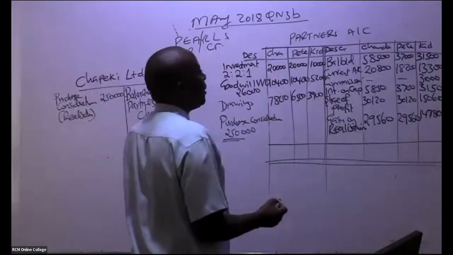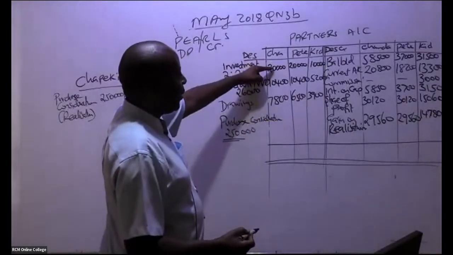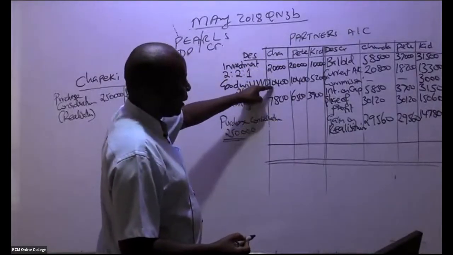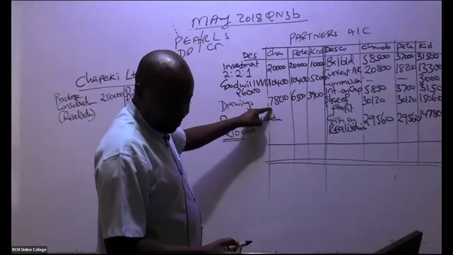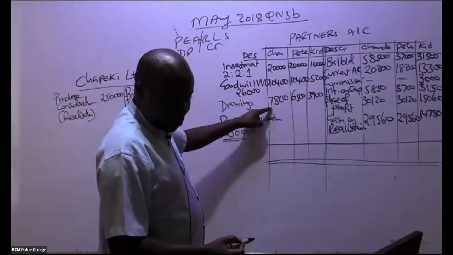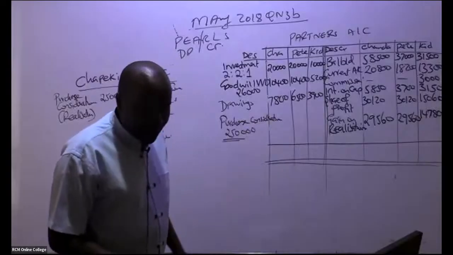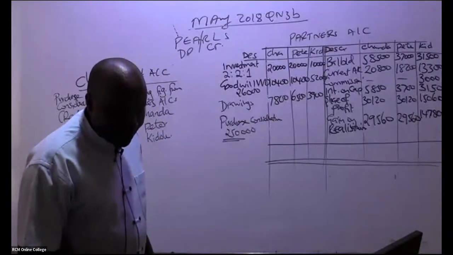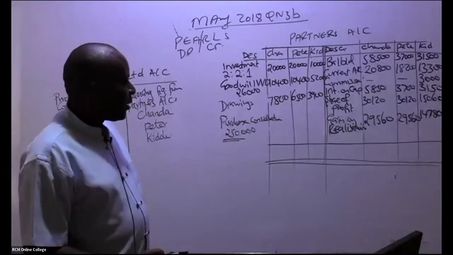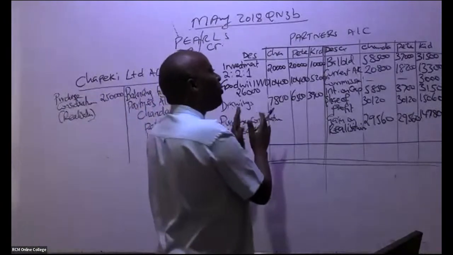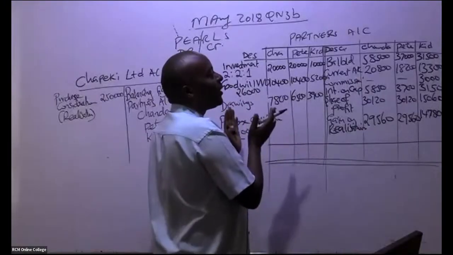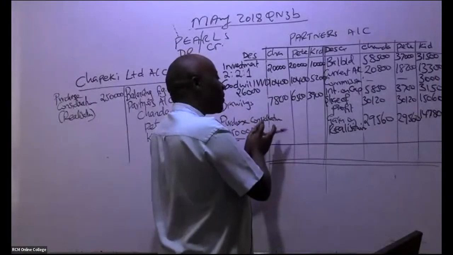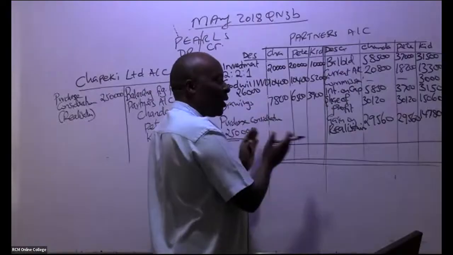So let's start with this ninja called Chanda. Are you able to add here for us 20 plus 10,400 plus 7,800? Sharon has already given us figures. Remember purchase consideration: if you want to know whether you are wrong, for partnership accounts, purchase consideration must always come to the debit side. Otherwise, you are wrong.